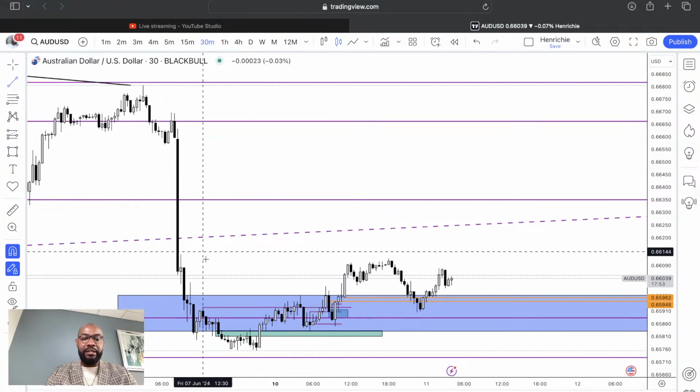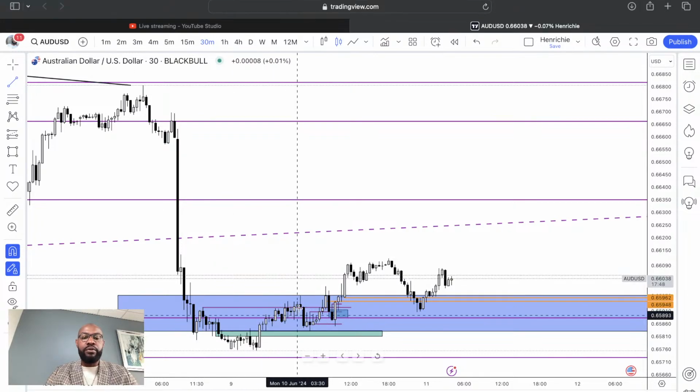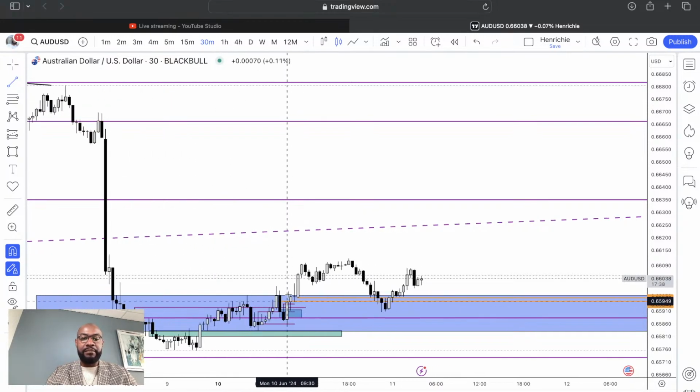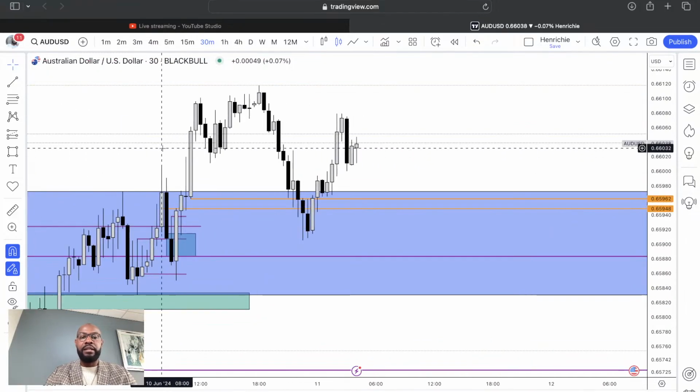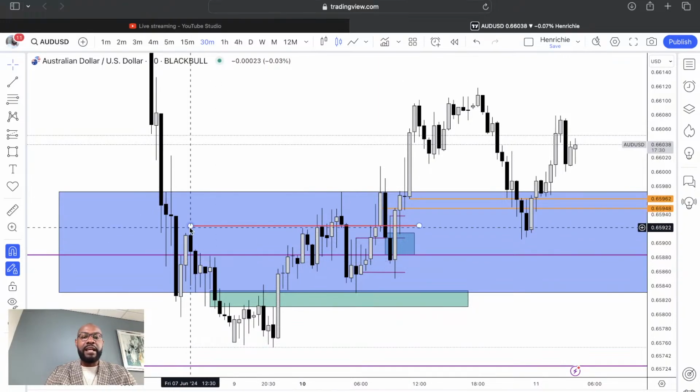Let me explain what I mean. So right here is the high, this is the low. We broke structure here and we closed above this high. But you can see that this key level right here wicked this high, but it didn't close above it. Let me make this very big so you can see what I'm talking about. So right here, we have this high.